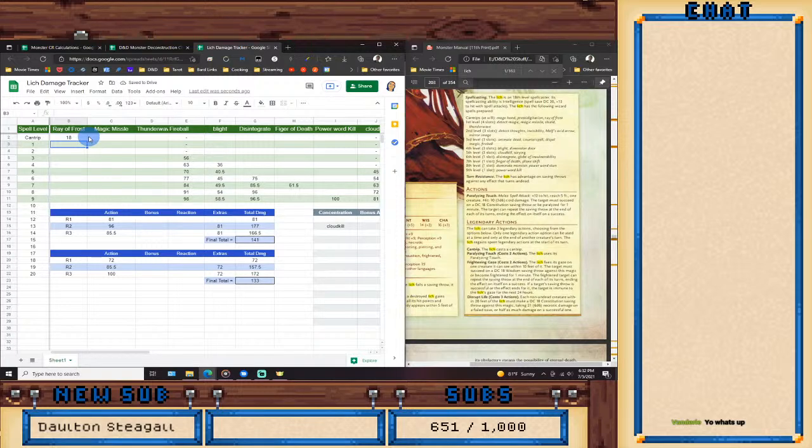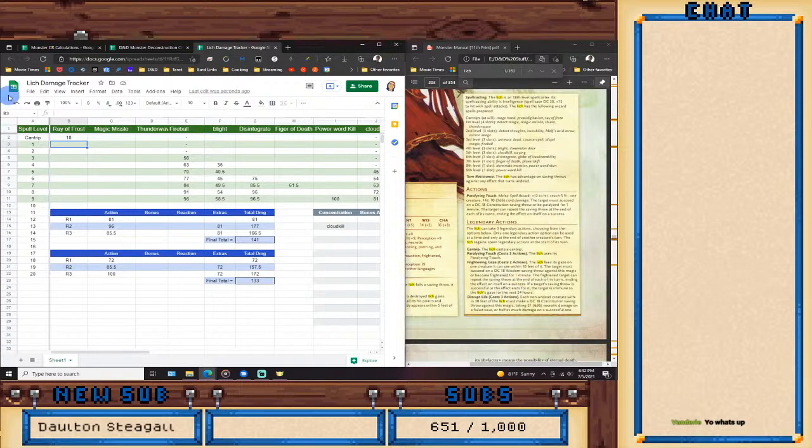Not great. Alright, well, the Lich could then do Paralyzing Touch, or it could also do Frightening Gaze or Disrupt Life. Alright, Frightening Gaze would then make a target frightened. The frightened target can repeat the saving throw. Doesn't really matter. I'm looking down here for anyone that's worried about what I'm doing.